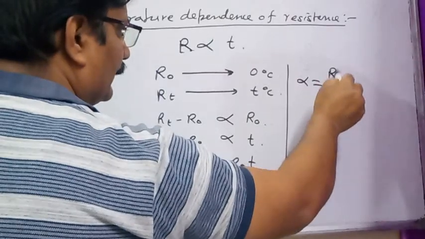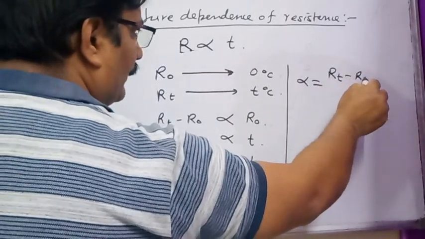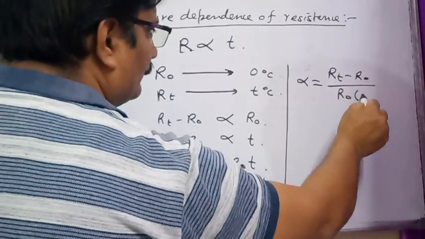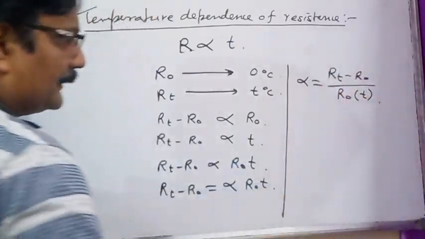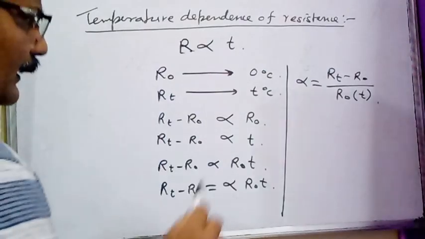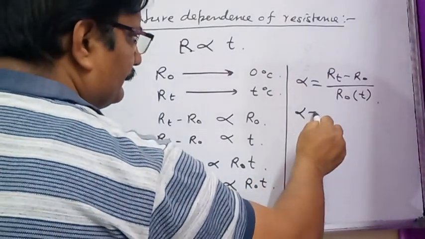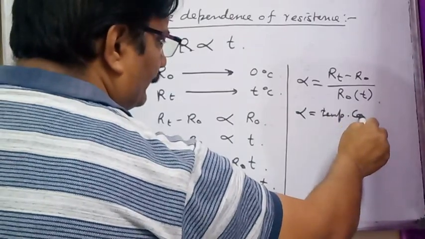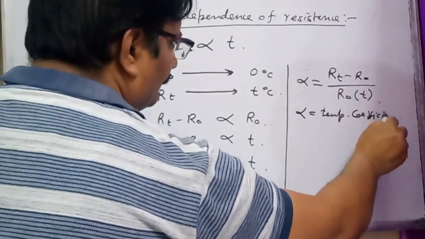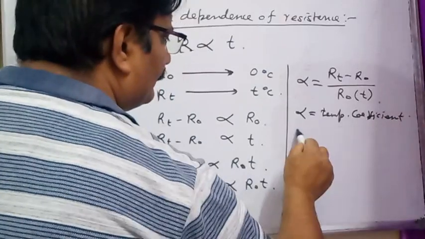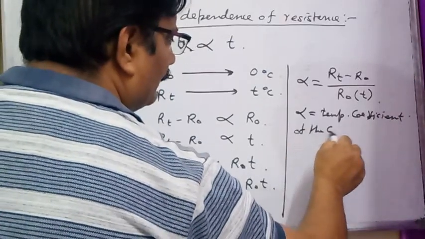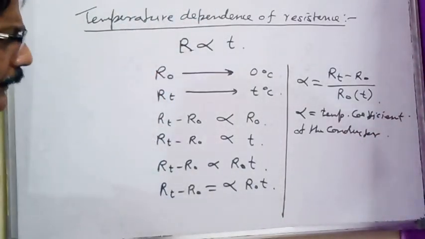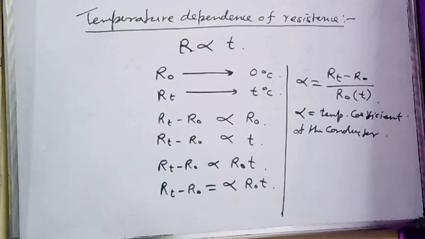Then what is going to be the value of constant alpha? Alpha equals increase in resistance RT minus R0 divided by R0 into rise in temperature, that is T. This alpha is called temperature coefficient of the conductor, or you can say thermal coefficient of the conductor.